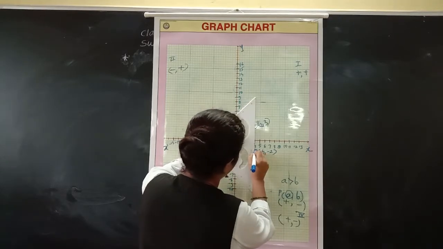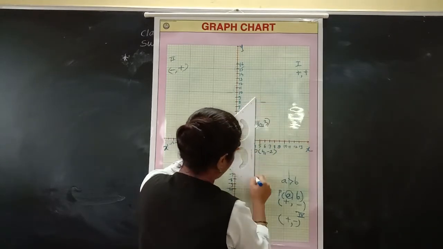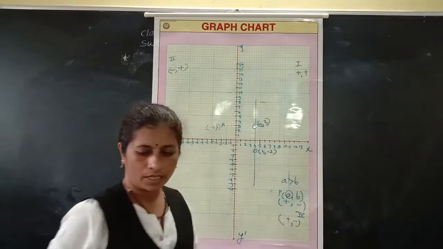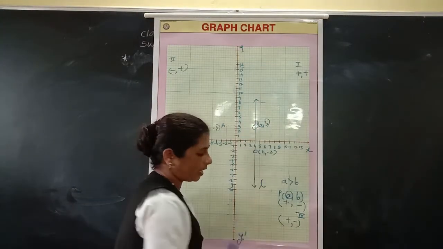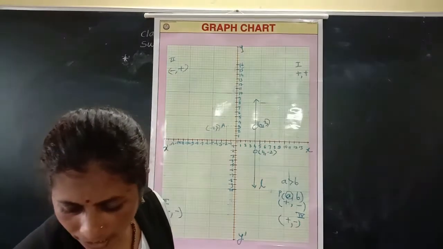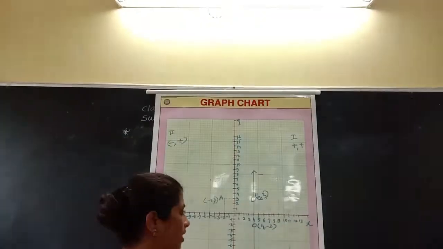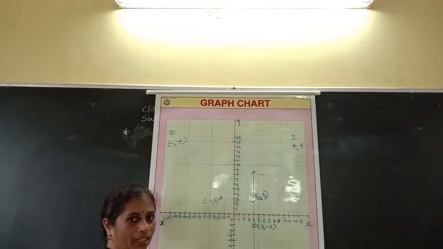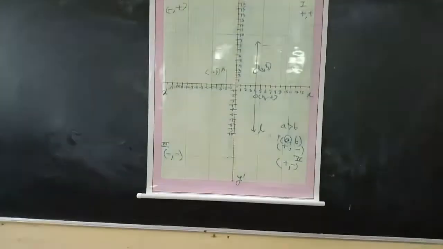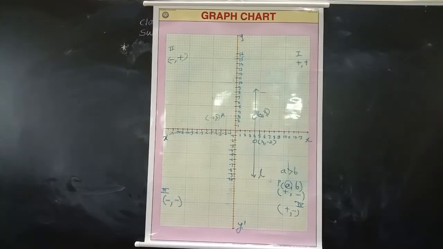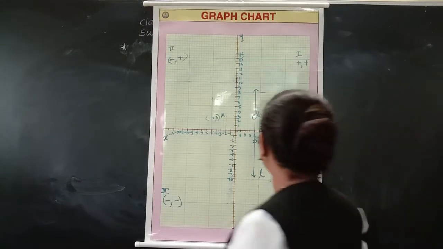This is the line. We can call the line L. Then this line is parallel to which axis? So here this is the line.